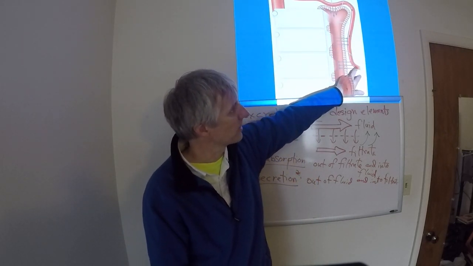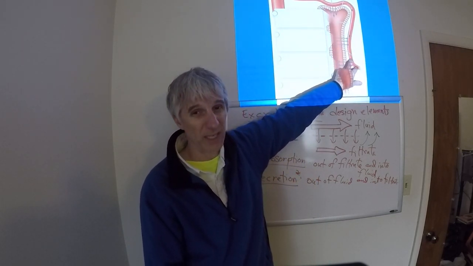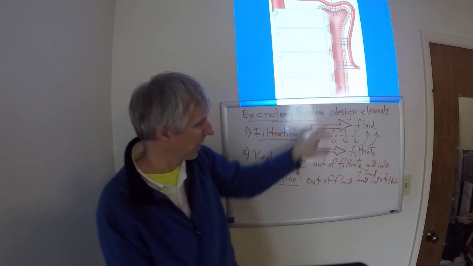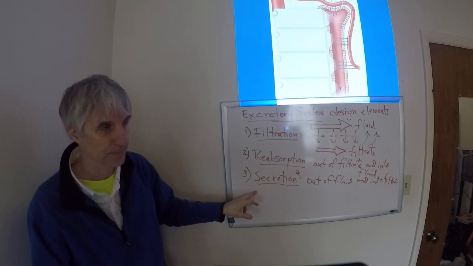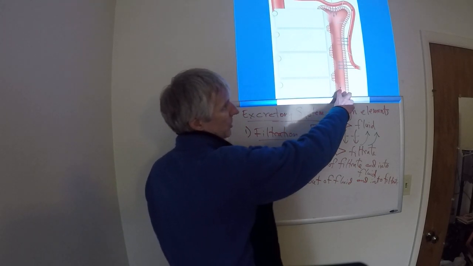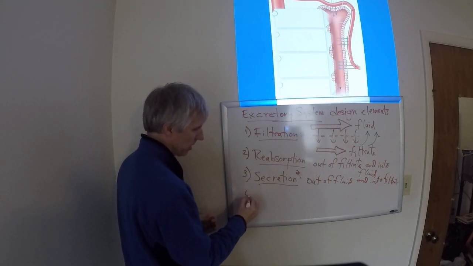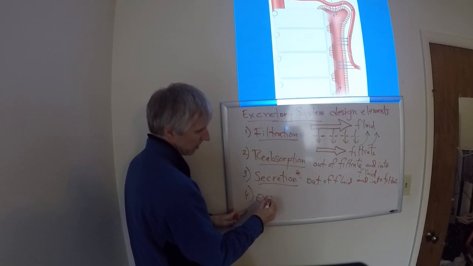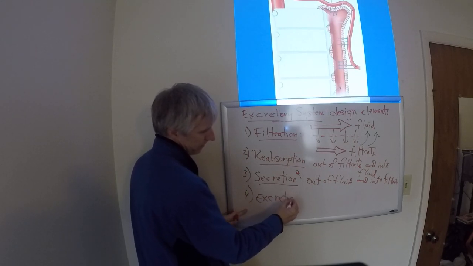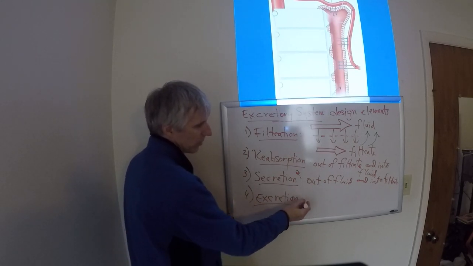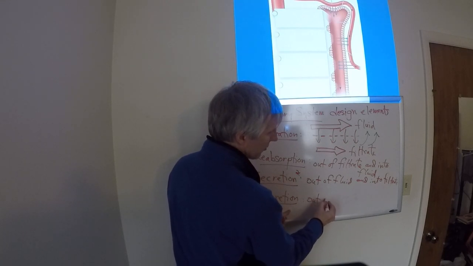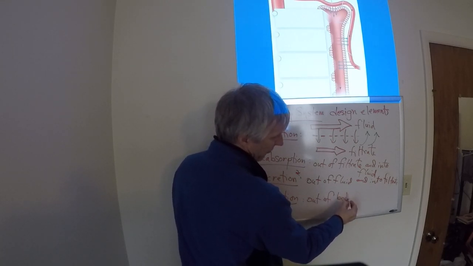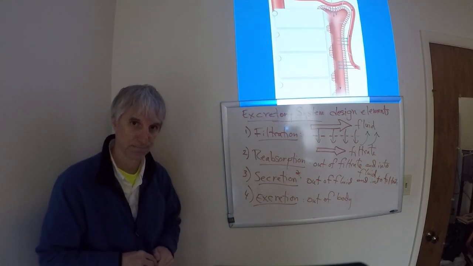Now what we're going to do is take material that we want to get rid of and dump it into the filtrate. That's secretion. The final step is shown here by this black arrow. This is called excretion. This is where we take and move the filtrate out of the body.